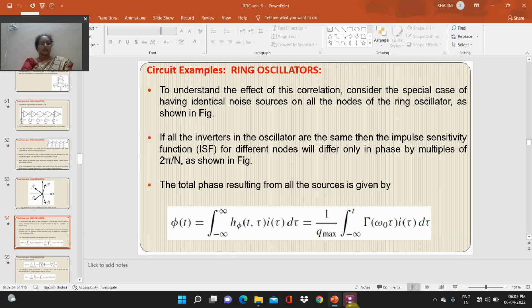The total phase resulting from all the sources is given by φ(t) = ∫ from −∞ to ∞ of h_φ(t,τ) i(τ) dτ = 1/q_max ∫ from −∞ to t of Γ(ω₀τ) i(τ) dτ.